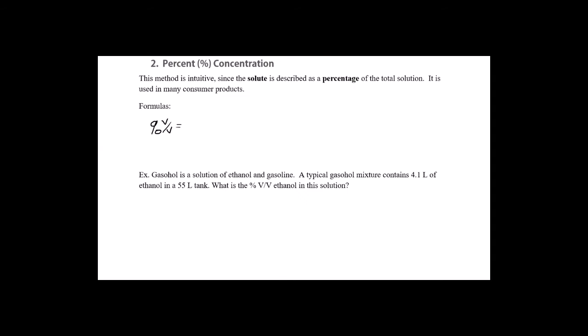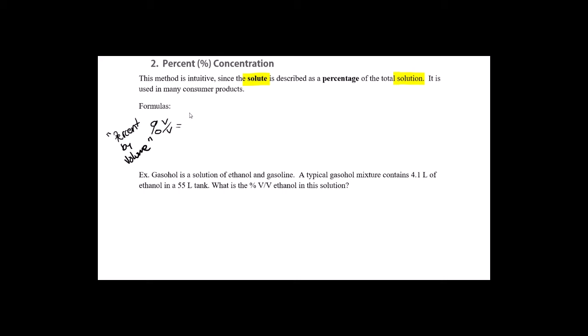So if we want to calculate percent concentration, we will often do it as percent by volume, where I'm measuring out an amount of solute as a volume, and I'm also measuring the total solution as a volume as well.